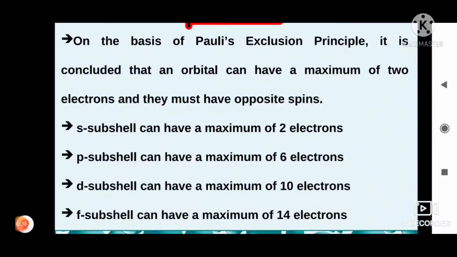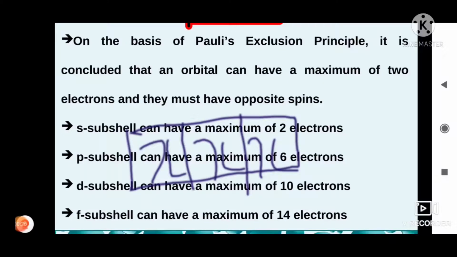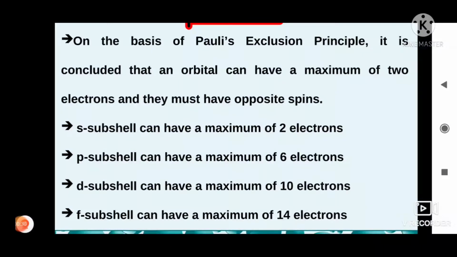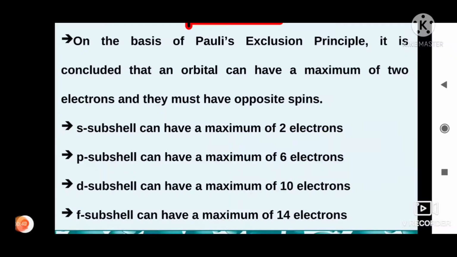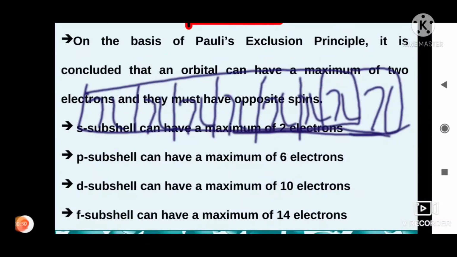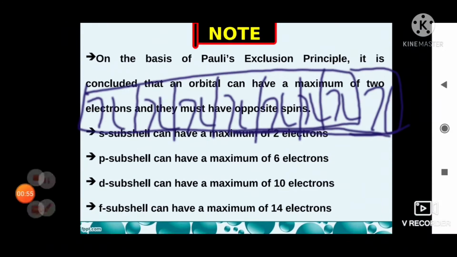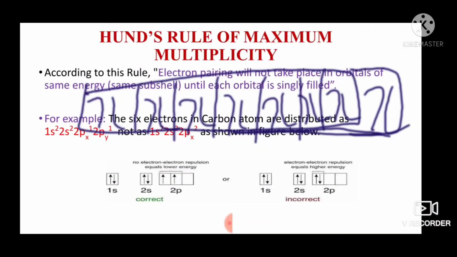And for p subshell, the maximum number of electrons which can be accommodated is 6 electrons, and the p subshell contains 3 orbitals. d subshell can have maximum of 10 electrons because d subshell contains 5 orbitals. And the f subshell can have maximum of 14 electrons. f subshell contains 7 orbitals.